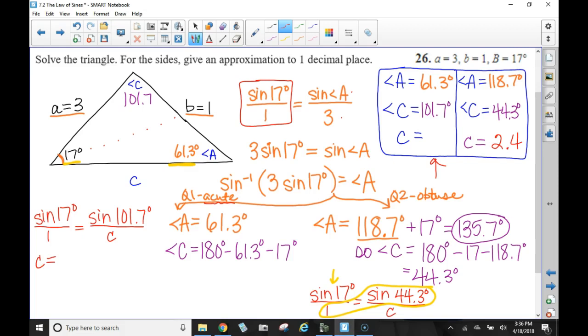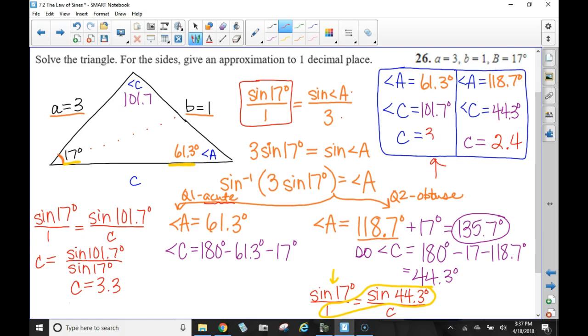So C is going to be equal to 1 times the sine of 101.7 divided by the sine of 17 degrees. So punch that into your calculator, and that will yield that C in this triangle is going to be, let's see, 3.3 units.